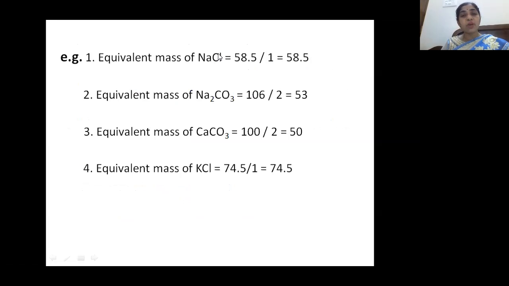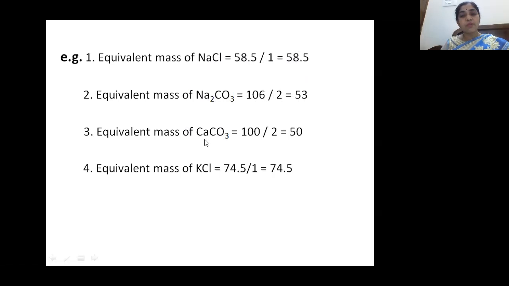Similarly, equivalent mass of sodium chloride: its molecular mass is 58.5 divided by 1, where 1 is the number of anionic or cationic charge, here Na+ or Cl minus. So it is 1, hence its equivalent mass is 58.5. Similarly, equivalent mass of sodium carbonate, which we have just calculated, is 53.